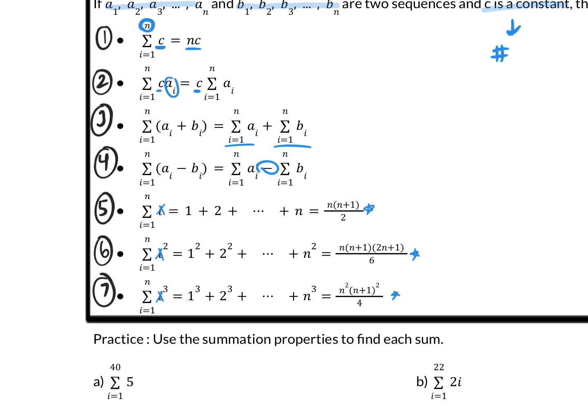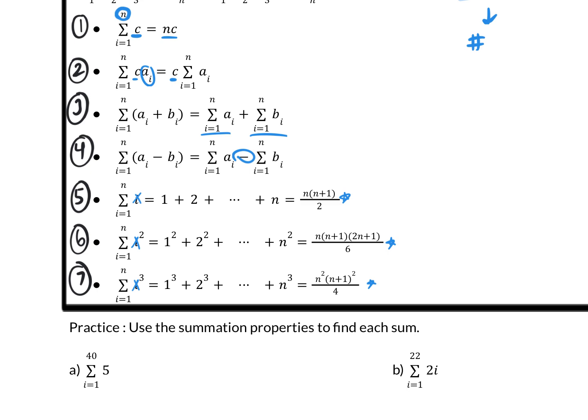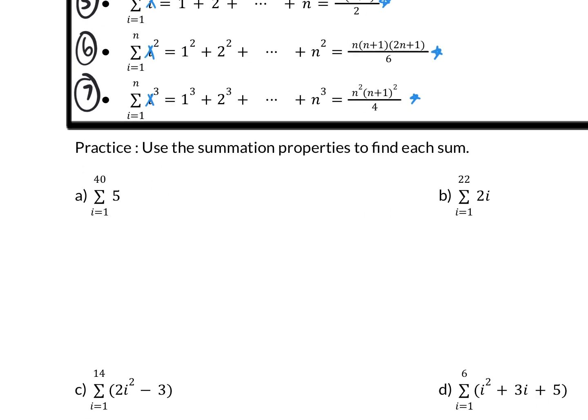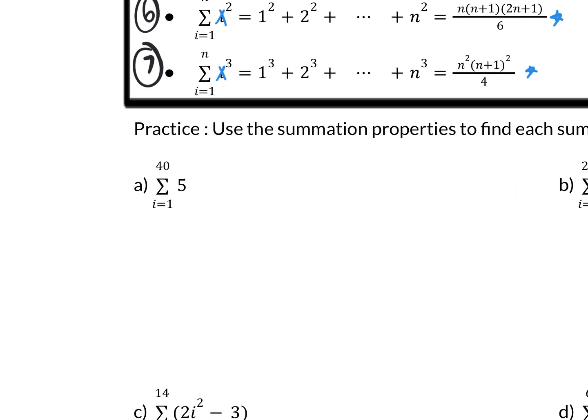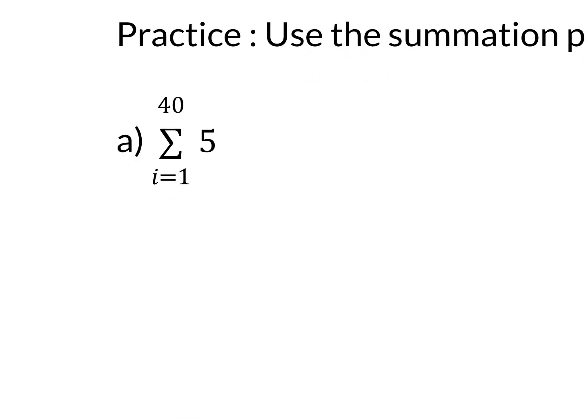All right, let's look at some examples here. Again, I'm going to show what property I'm using right next to it. So this first one here, I've got the summation from 1 to 40 of 5. If I was just evaluating this, you could do this by hand. Like 5 plus 5 plus 5. That's my first term, second term, third term. I'd go all the way up to my 40th term, which would still be 5.